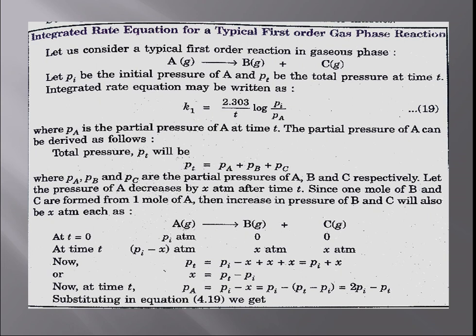So the total pressure Pt is equal to Pa plus Pb plus Pc, where Pa, Pb, Pc are the partial pressures of A, B and C respectively.